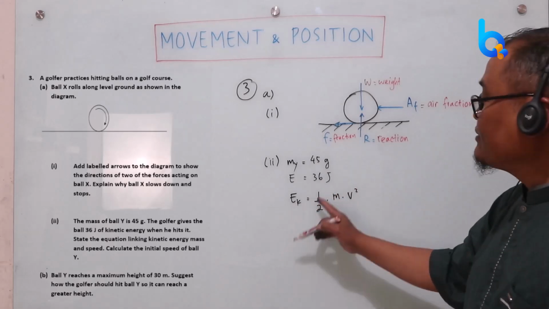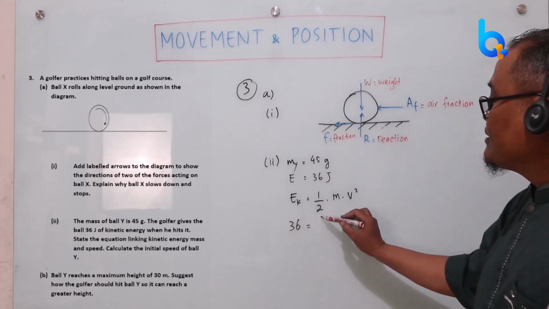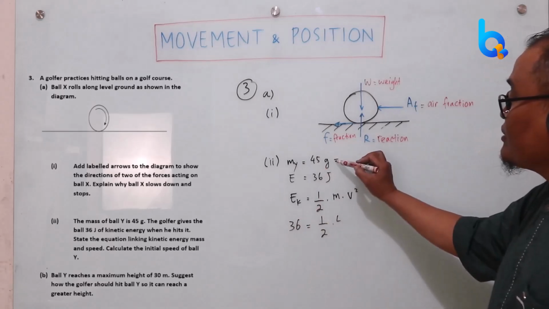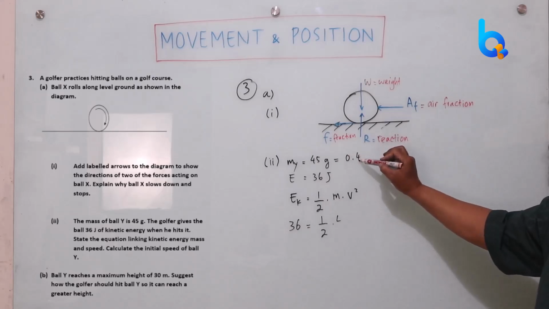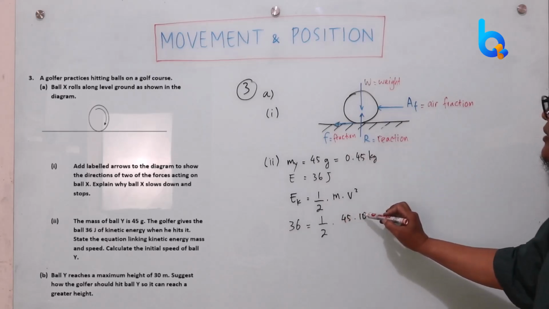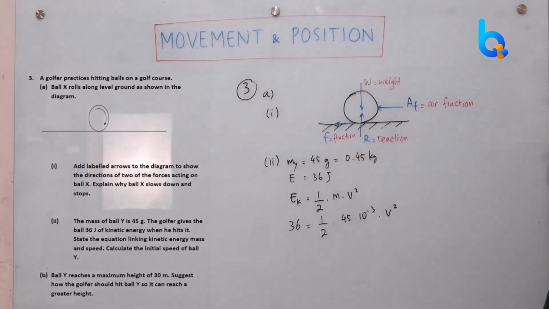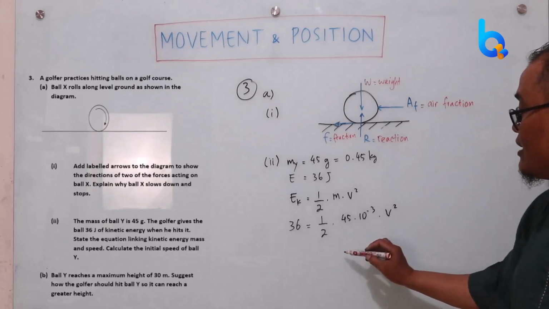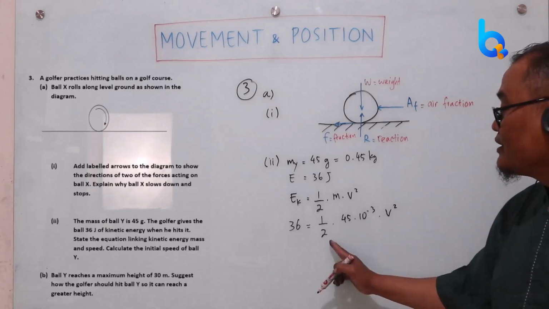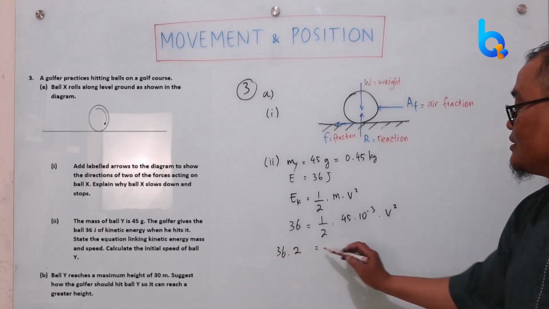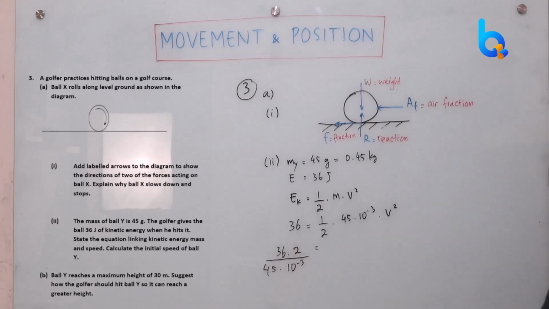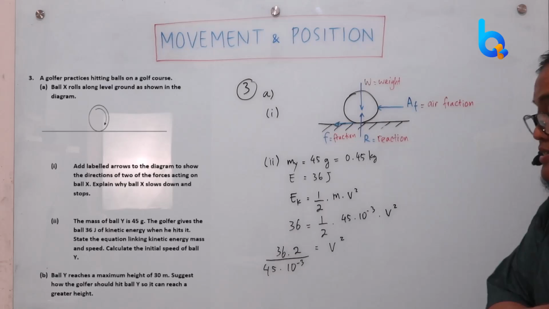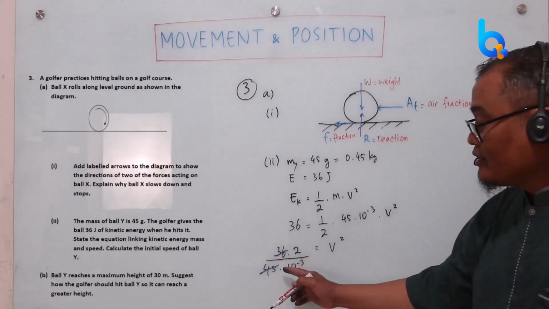So we substitute 36, and then half of mass 45. Sorry, this is conversion to kg: 0.45 kg, so 45 times 10 to the minus 3, and velocity squared. Then we calculate velocity squared. We move it: 36 times 2 equals 45 times 10 to the minus 3 times v squared. It is easier to calculate by crossing out, this is a multiple of 9.